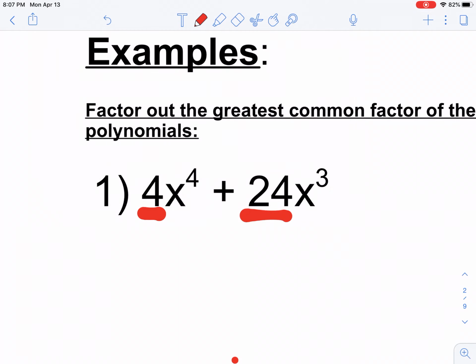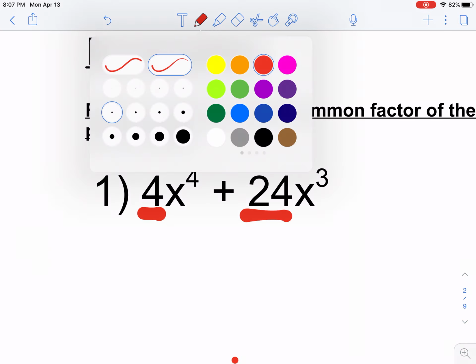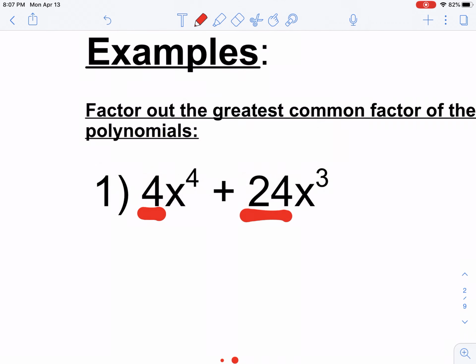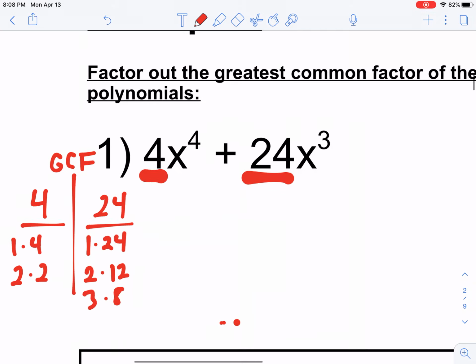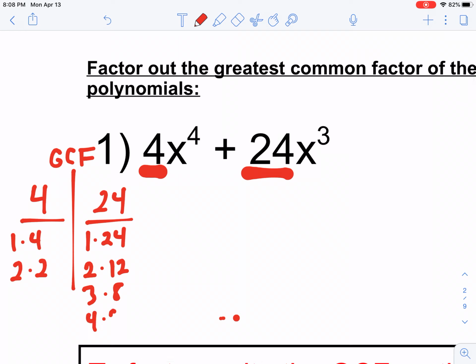So on the side here, I'm just going to write all the factors of the number 4 and then all the factors of the number 24, okay? So the factors of 4 are 1 times 4 and 2 times 2, right? 24 has a lot more of them. It's 1 times 24, 2 times 12, 3 times 8, and also 4 times 6.